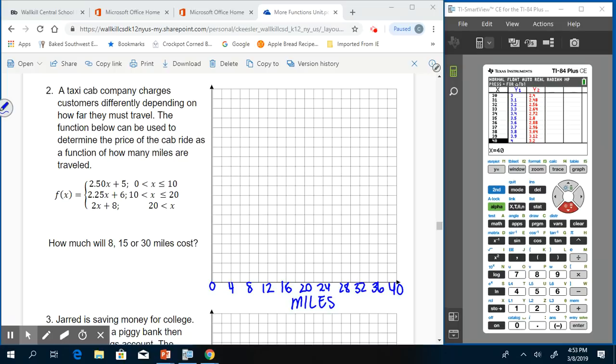Now, that 40 would fall in the 2x plus 8 range. So if I plug in 40 there, 2 times 40 is 80. 80 plus 8 is 88. So to be safe, we want to get at least to 88 on our y-axis. So maybe we could go to 100.